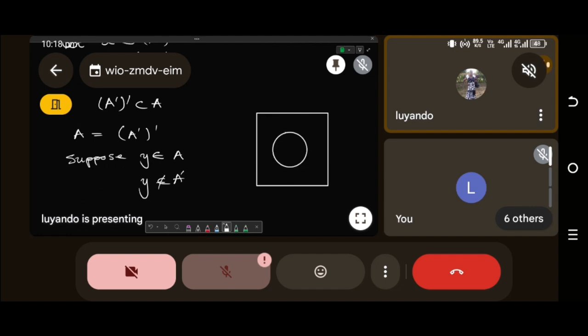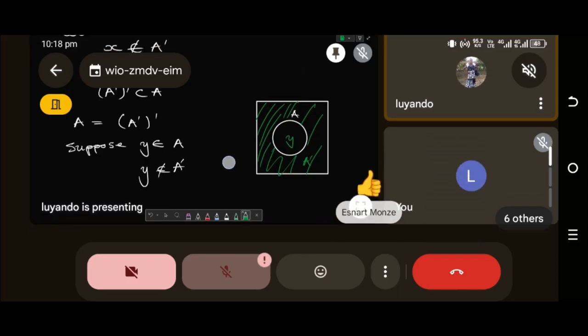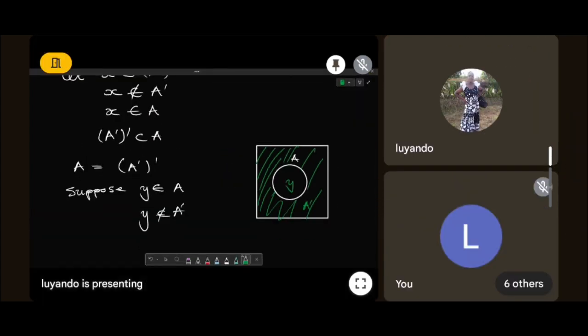There's just one set, set A, and we're saying that y is a member of A. It means that y is inside A. If y is inside A, it means that y is not part of A complement, because we know that A complement is what is shaded on the outside. Are we clear? Okay, good.